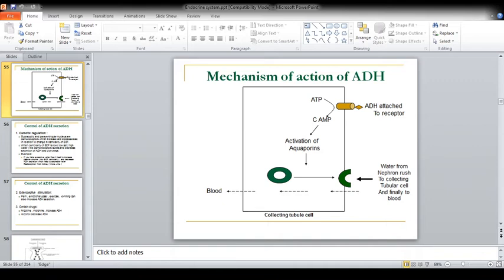Moreover, we cannot increase the sodium content steadily. We need to increase the sodium content by 7 to 11 millimole per liter per day. So it is increased very slowly. If we increase the sodium content too fast, it would cause central pontine myelinolysis, that is brain death. The patient would not survive.